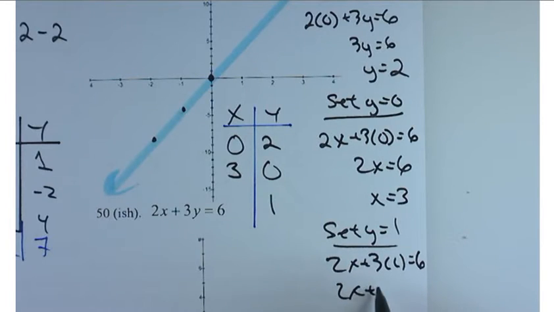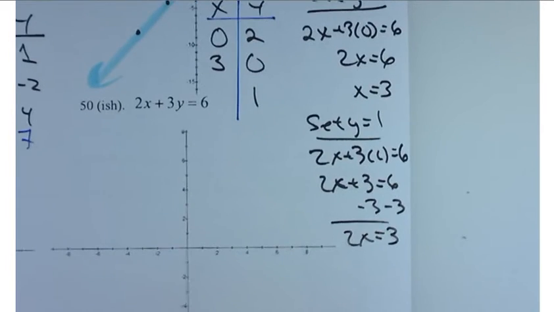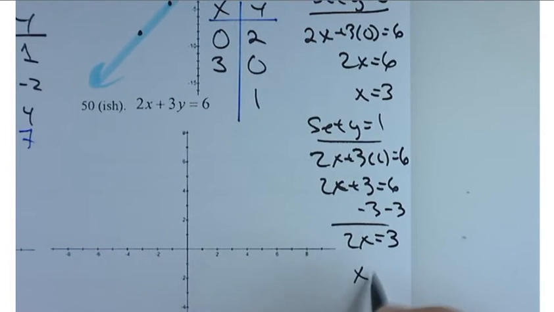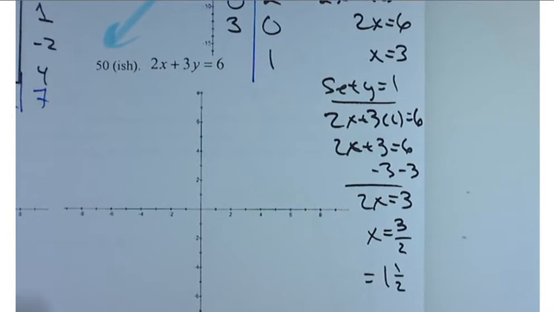So it's 2x plus 3 is equal to 6. Just 3 times 1 gives me my 3. Subtract 3 from both sides. 2x is 3. x is 3 halves. Most of you might be more comfortable thinking of that as 1.5.